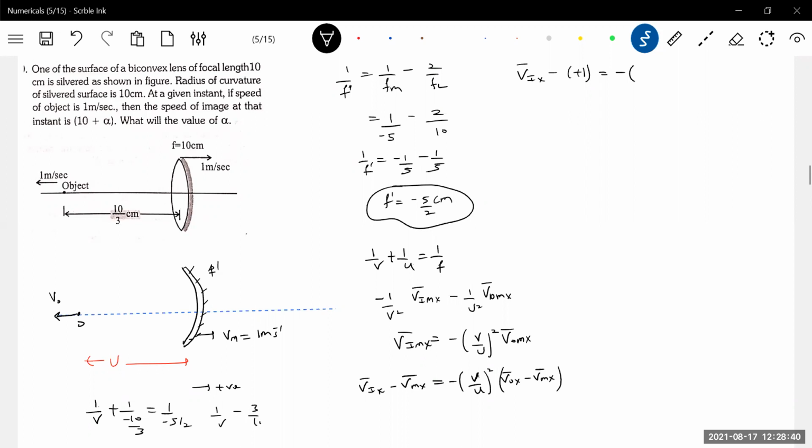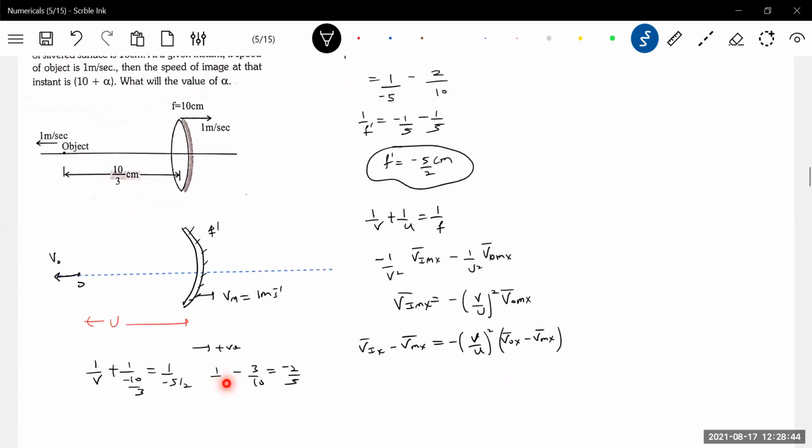One by V minus 3 by 10 minus 2 by 5. Minus 10, minus 10, so V equal to minus 10 centimeter.